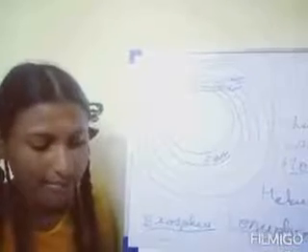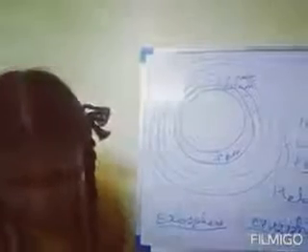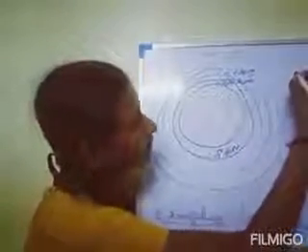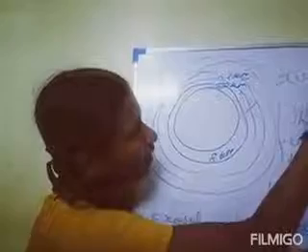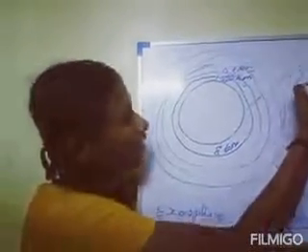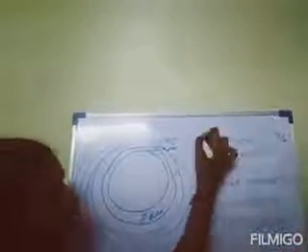The zone is characterized by Aurora australis and Aurora borealis. There are two characteristics. Aurora australis is one of the characteristics.